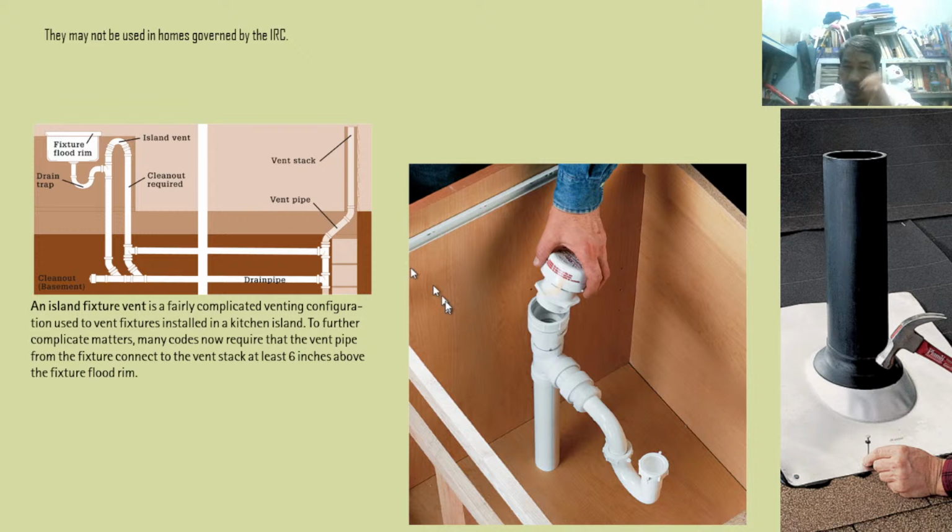And you know the island vent contains foul-smelling noxious gases. You can imagine so many things with that in the kitchen. So you must cover it. So like this, there must be a covering. So this is an island. The covering would become more complicated because of this requirement. It must protrude 6 inches above the maximum flood rim.